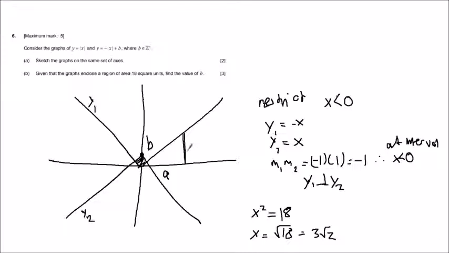Let's say this is length a. This is also going to be length a because it's a 45-degree angle, and whenever you drop a line down, you get a 90-degree angle, which gives this also a 45-degree angle, which therefore results in a right isosceles triangle. So we have 2a squared is equal to 3 square root 2. So then we get a squared is equal to 3 square root 2 over 2.